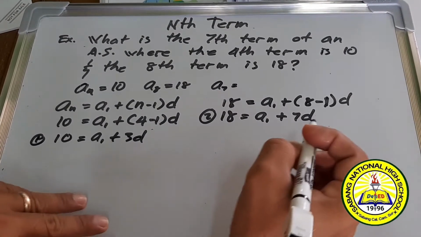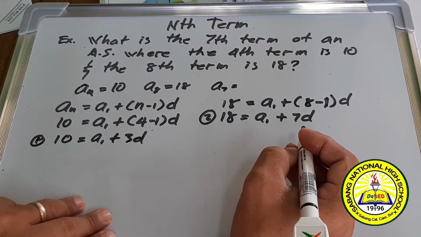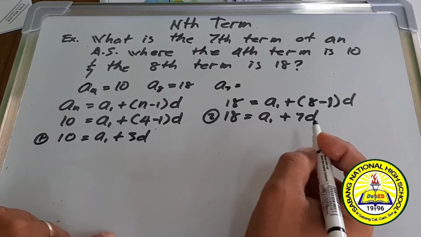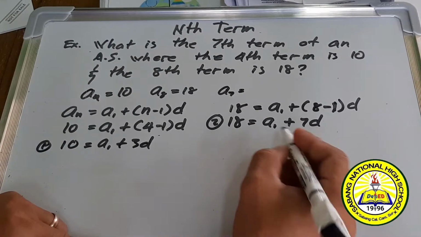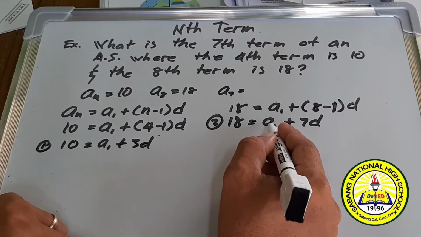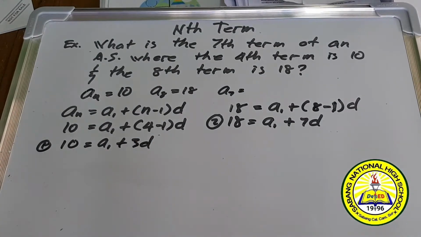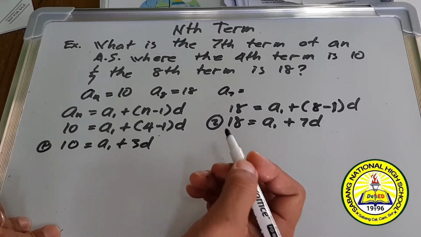Okay, let us continue. Next is we are going to find the value of d. How are we going to find the value of d? We still have a variable a sub 1. We cannot find the value of d if we don't have a value of a sub 1. Or we can perhaps use the elimination method. Okay, how are we going to use the elimination method?